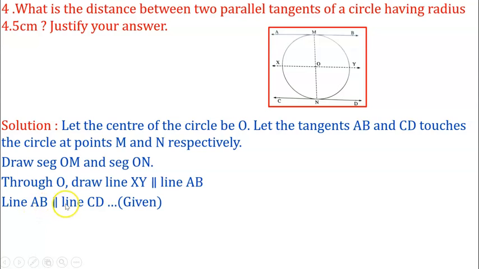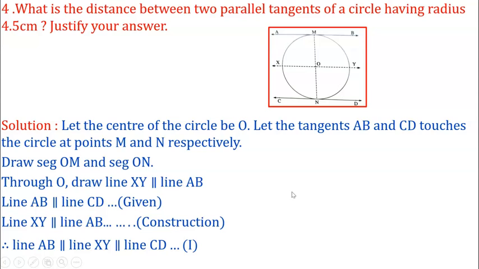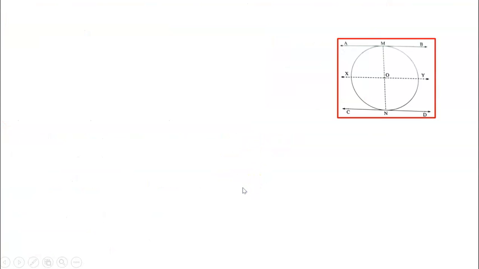Line AB is parallel to line CD, it's given. Therefore, line XY is parallel to line AB, this is a construction. And hence, all three lines, that is AB is parallel to XY is parallel to CD.